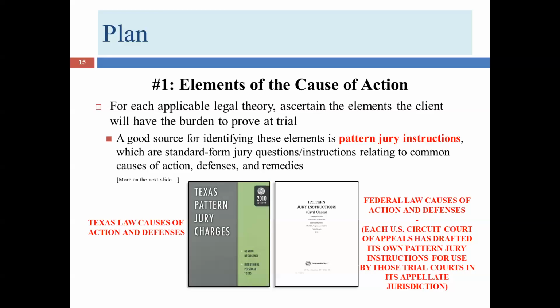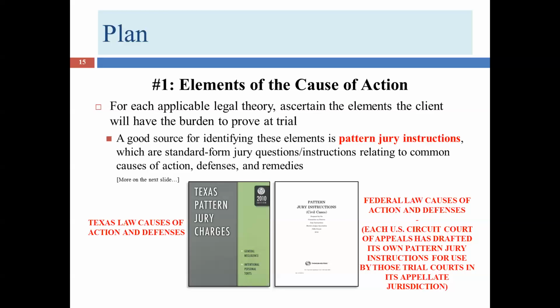Usually in those cases, what the plaintiff is suing about is a state law claim, a claim that would ordinarily not be filed in federal court, but for the existence of diversity of citizenship. So, as a result, for a pretty significant portion of federal cases, the substantive law being applied is going to be state law. Of course, the procedural law is going to be federal law because you're in federal court, but the substantive law may well be Texas state law.